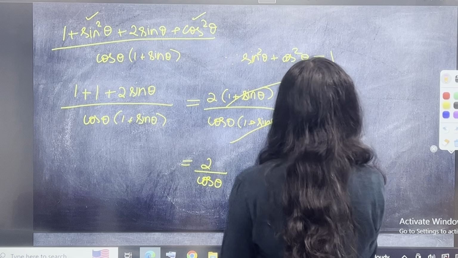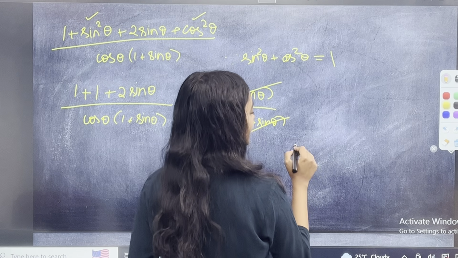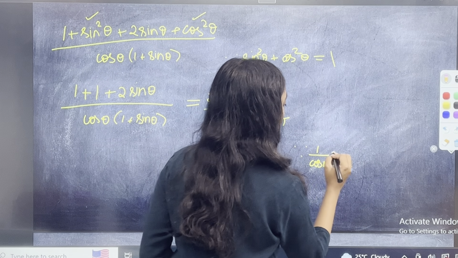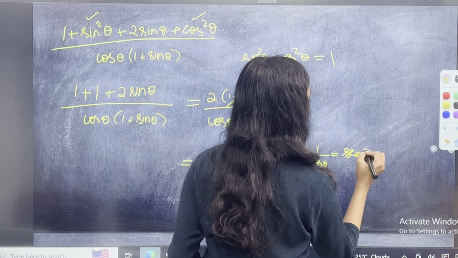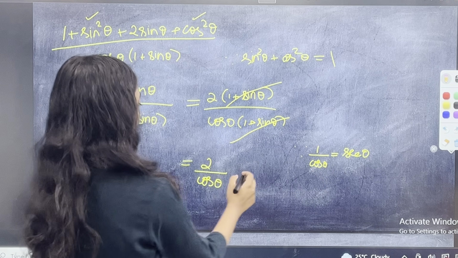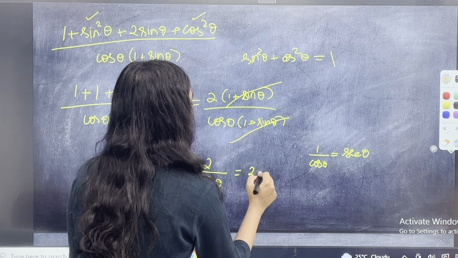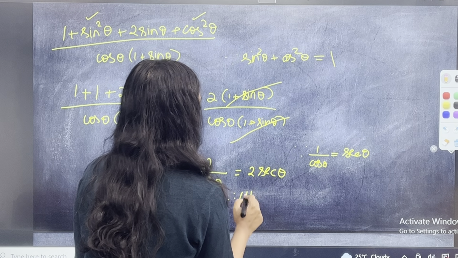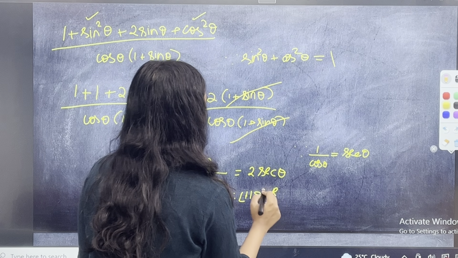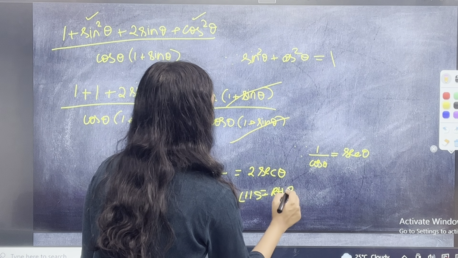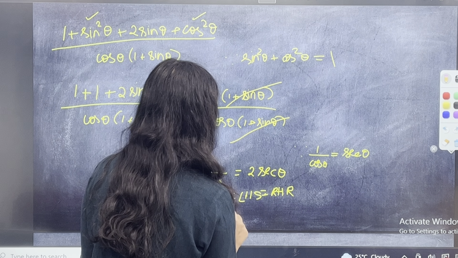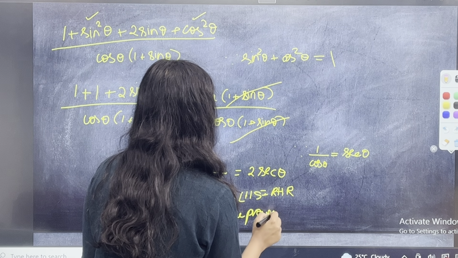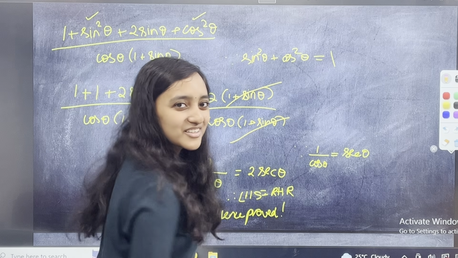Since 1 by cos theta is equal to secant theta, therefore 2 by cos theta is equal to 2 secant theta. Therefore LHS is equal to RHS. Hence proved. After that, put an exclamation mark.